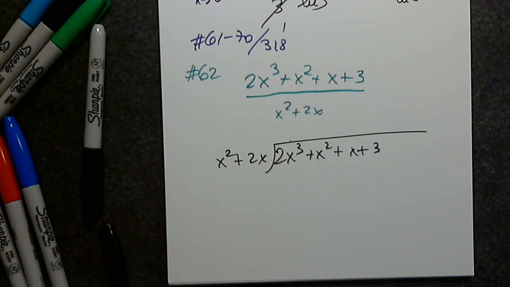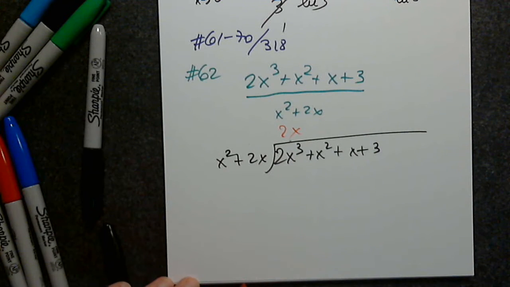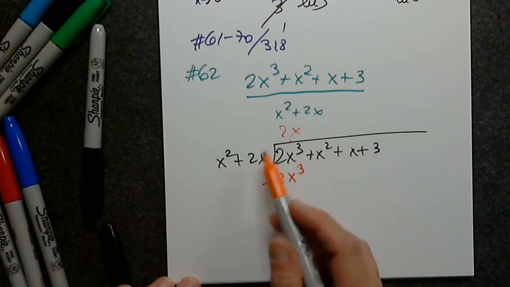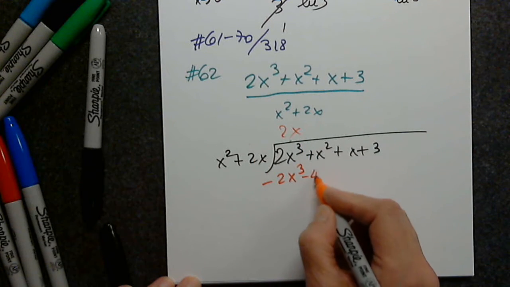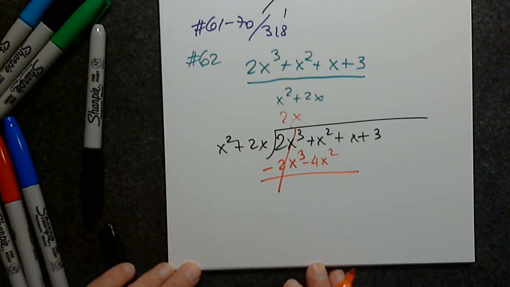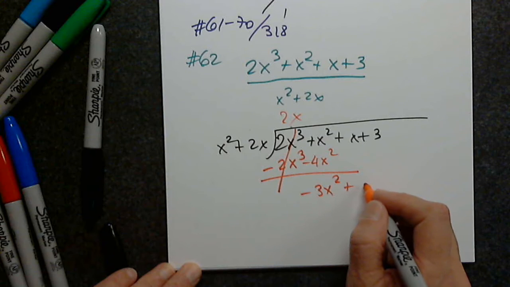Ready? Remember, the quotient has to be a line. So x squared times what is 2x cubed? The answer is 2x. We go back and distribute. Negative 2x cubed, minus 4x squared. We get negative 3x squared plus x.